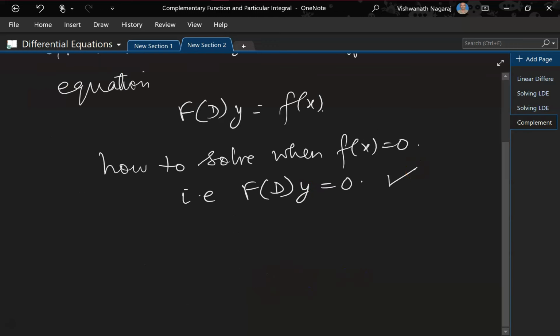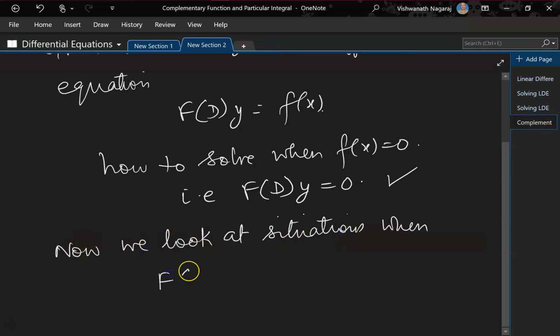This we have already seen. Now we look at situations when f of x is not equal to 0.